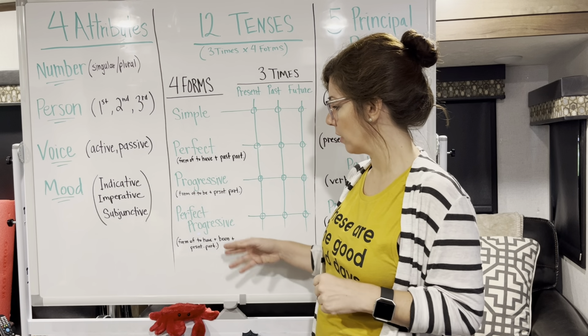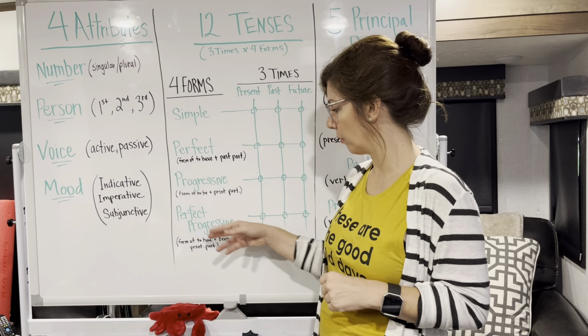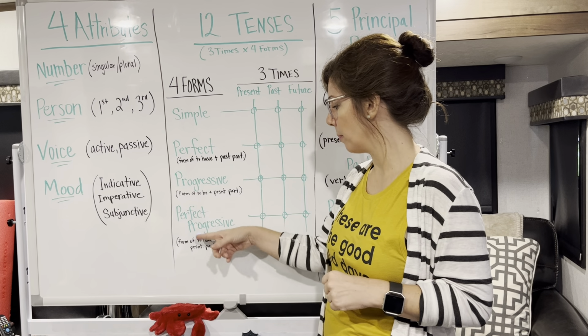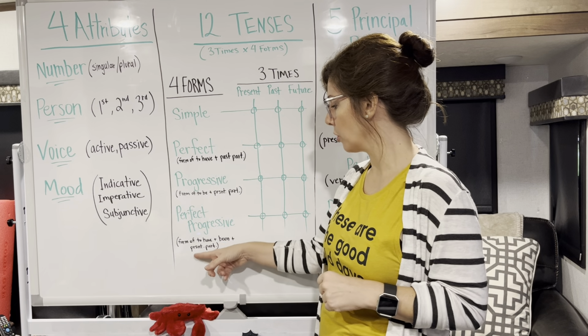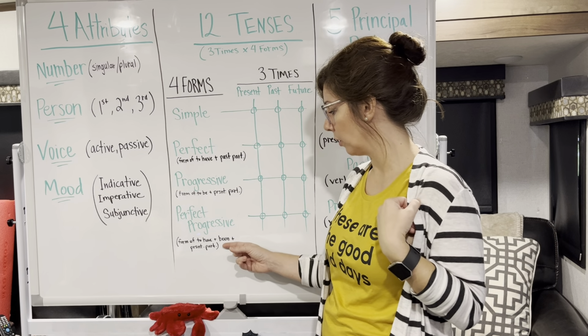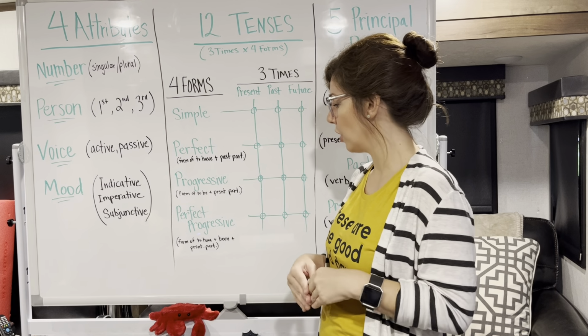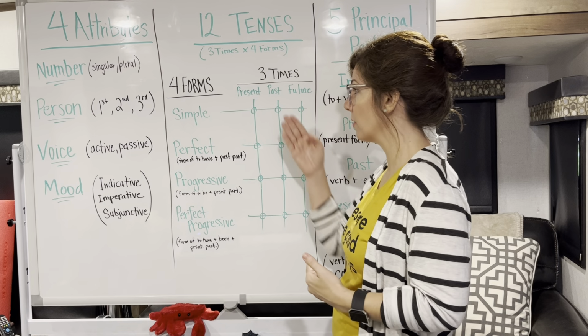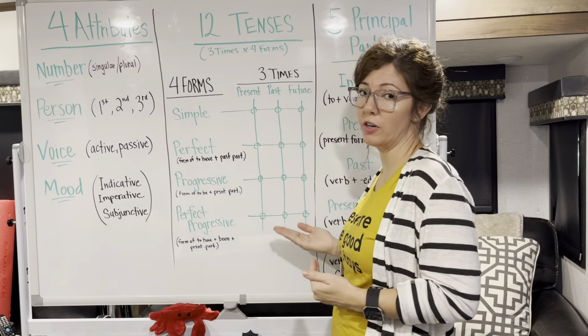So that's the difference. For perfect progressive, we have a form of to have, and then for progressive, we're just going to have our verb plus ing, and this time it includes been.